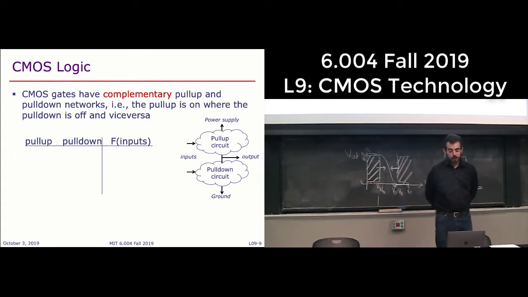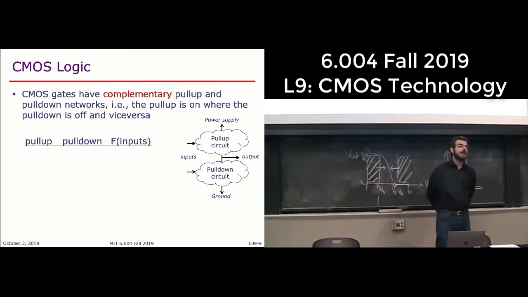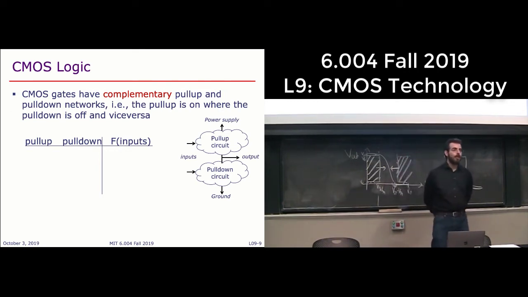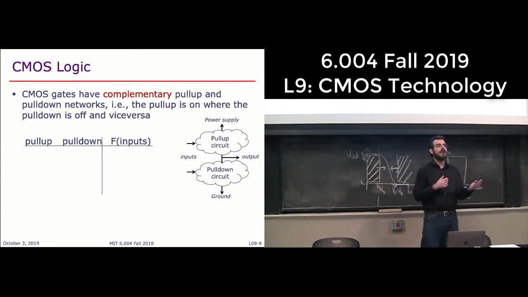And the reason we call this complementary is because these pull-up and pull-down networks are never both on at the same time or off at the same time. When one is on, the other one is off. When one is off, the other one is on. They have complementary behavior. And why is that important? Well, let's see.